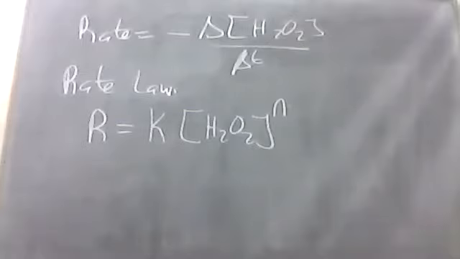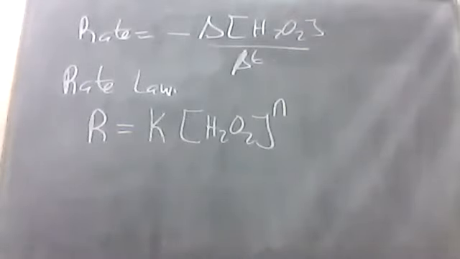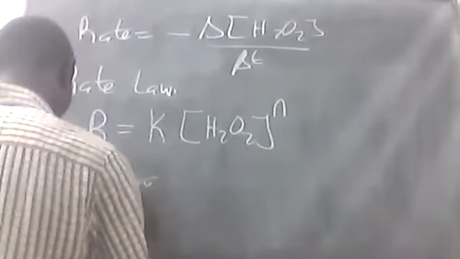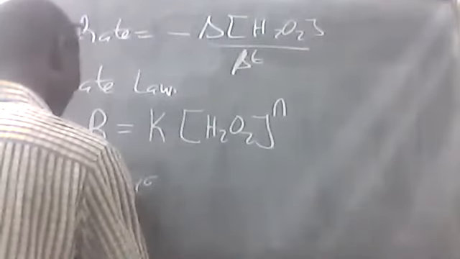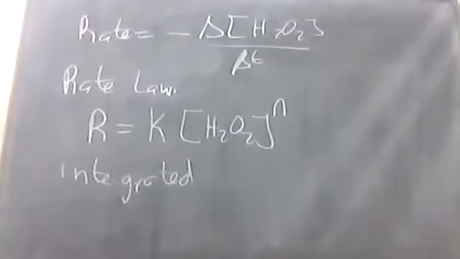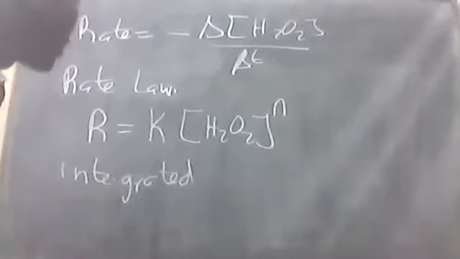The n we don't know, because n is not equal to the coefficient. So you need to determine the value of n. So that would be our rate law, the integrated rate law, as well as the value of the rate constant.